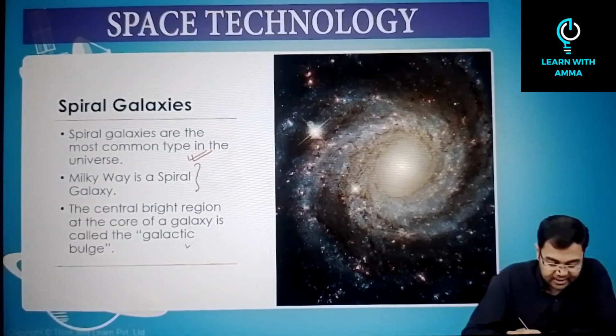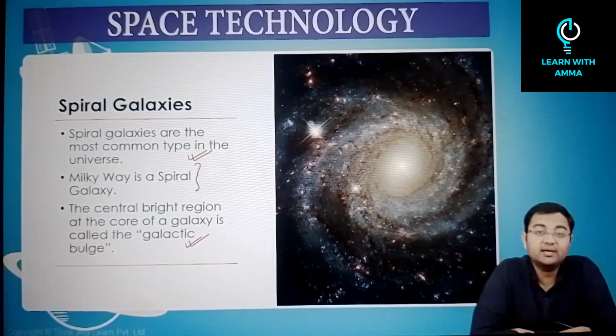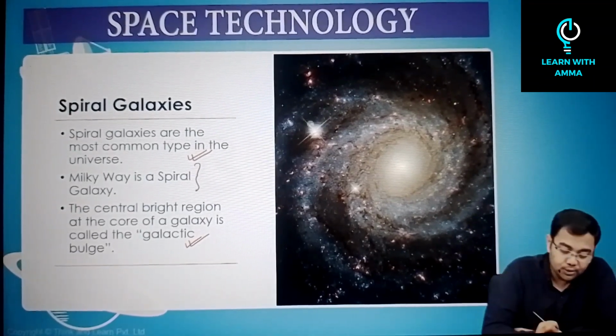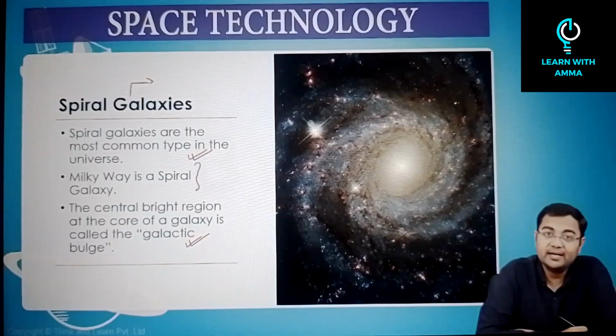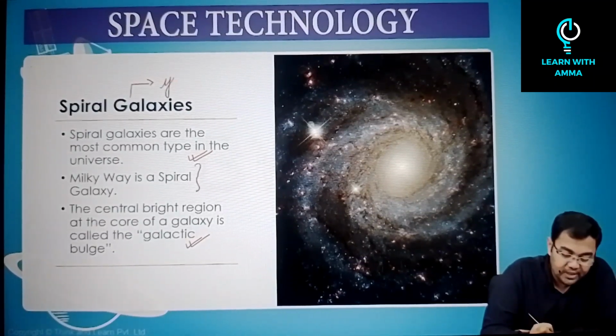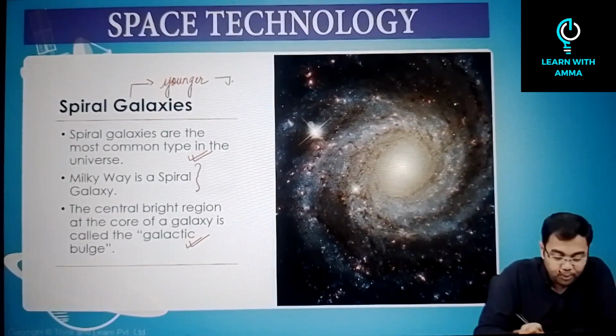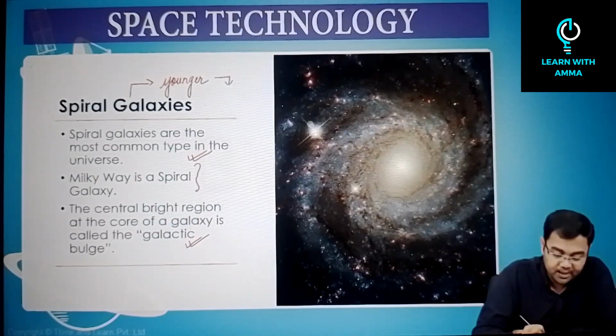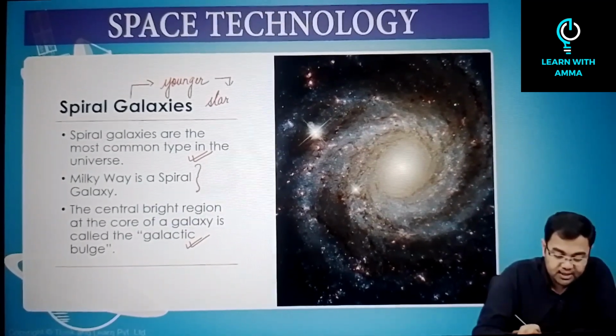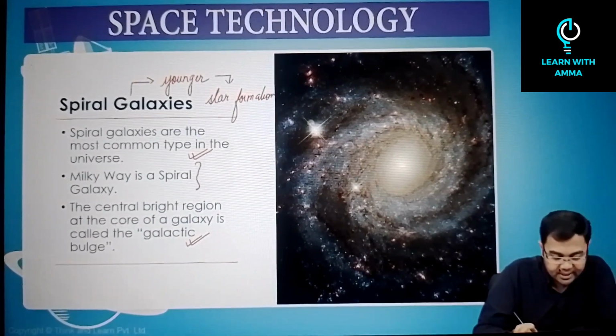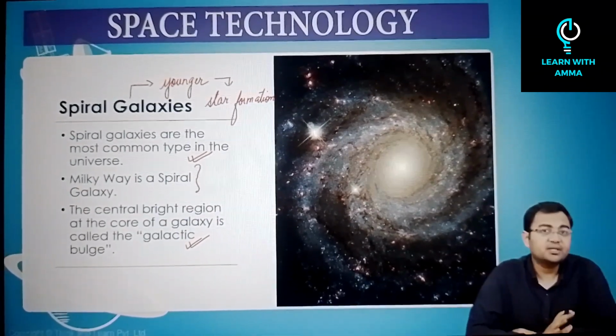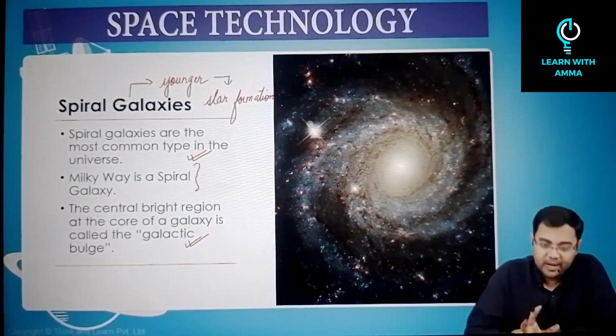The central bright region at the core of a galaxy is called the galactic bulge. Also you should remember that spiral galaxies are said to be younger galaxies, and that's why star formation keeps on happening. This is something that has been observed for spiral galaxies.